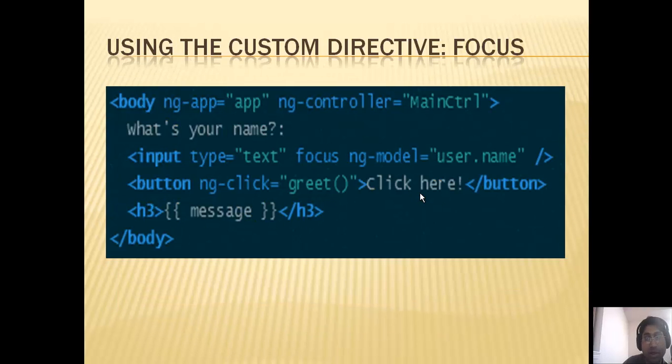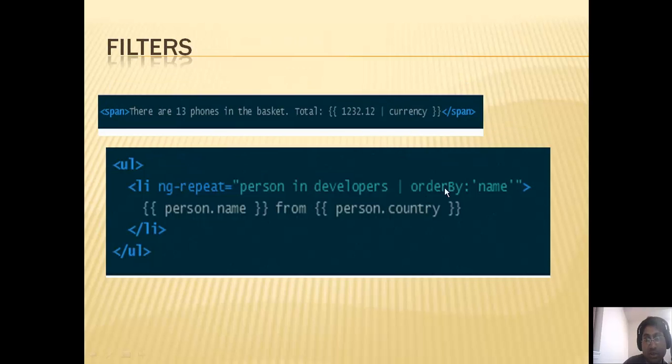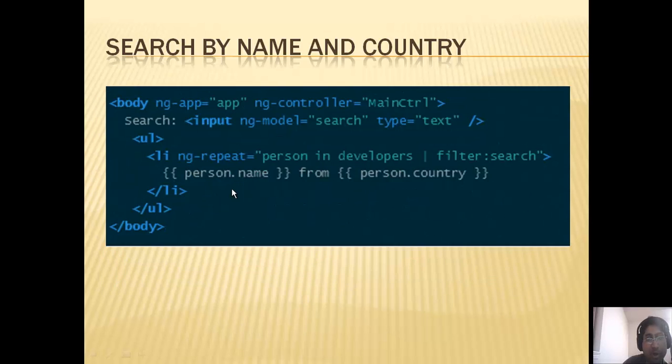We could also apply, let's say, first see this order by name. So all the developer list will be ordered by their name. So we are applying an order by filter on the list of the developers. Now we could also apply a filter like search. So we could search the developers list and show a partial list of the developers that matches the search.